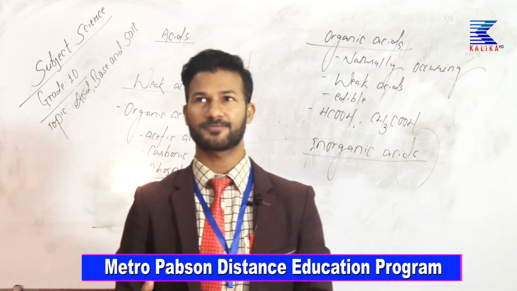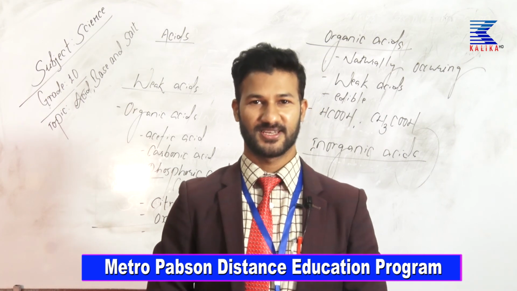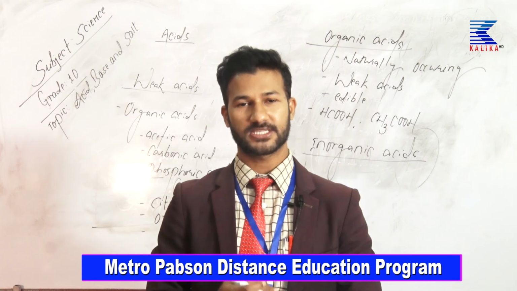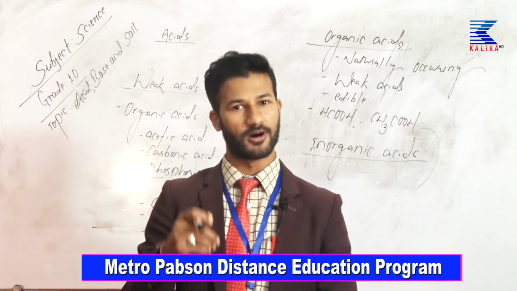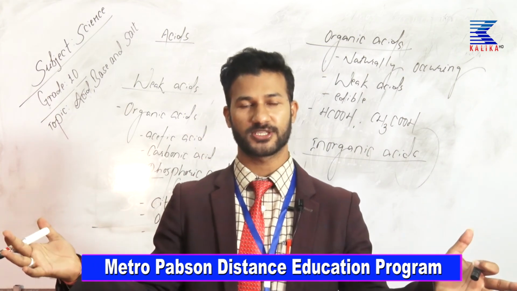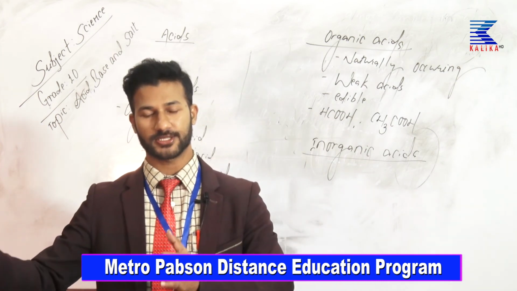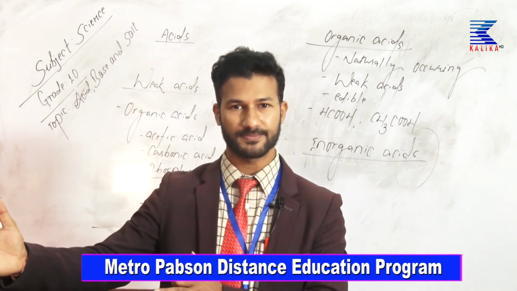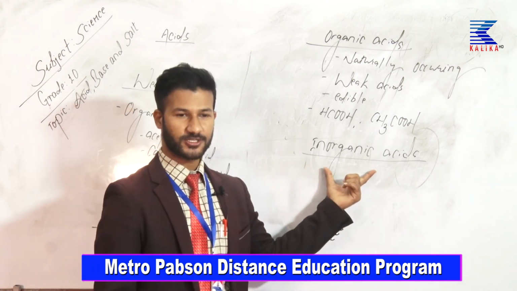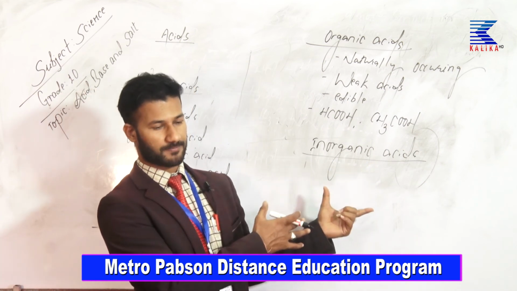Since they are prepared from various minerals found in the Earth's crust, they are strong in terms of their corrosive nature, in terms that they burn our skin when a few drops fall on it, and they produce a large concentration of hydrogen ions when dissolved in water, and they conduct electricity very well. That is why they are strong. Just the name is different, I said, because they are not obtained from the parts of plants and animals.